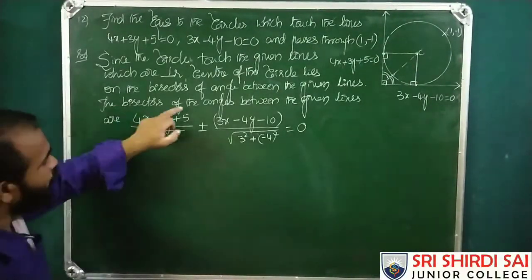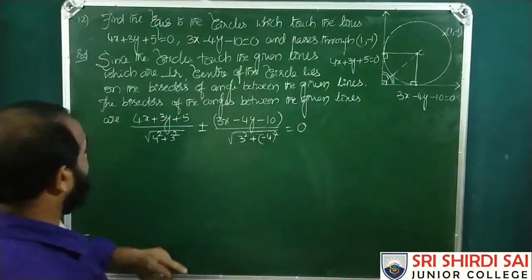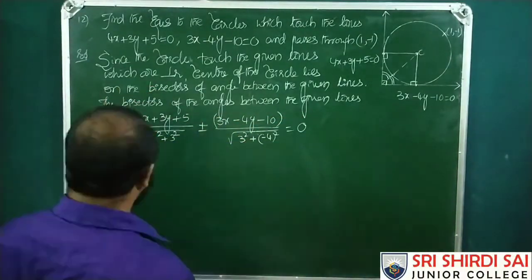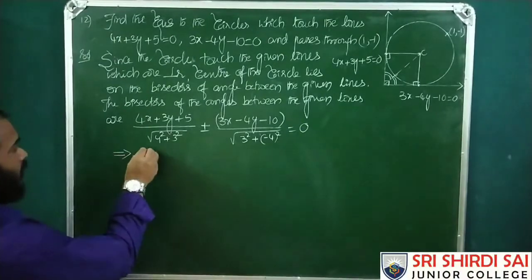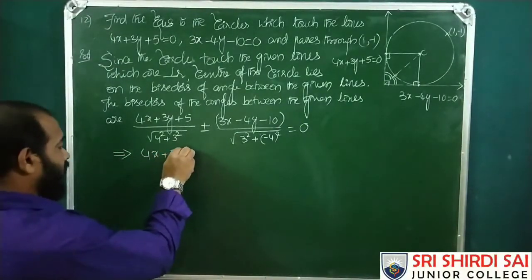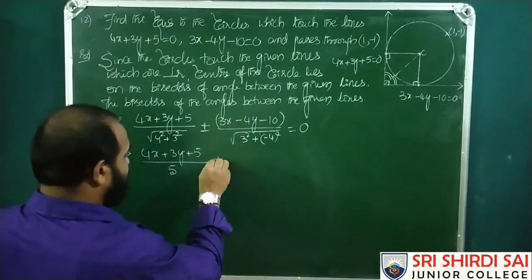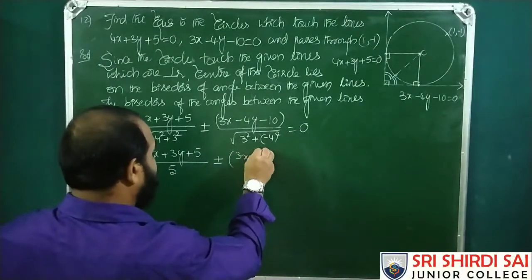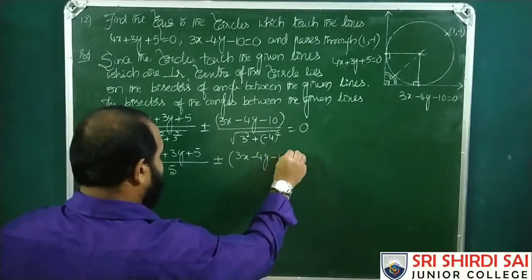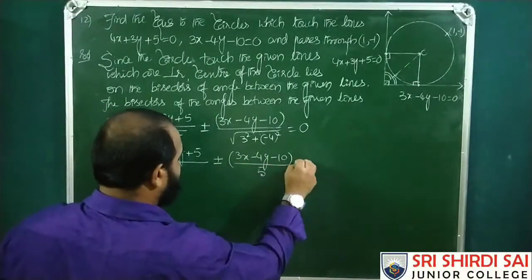So the bisectors of the angle between the given lines, as we have discussed earlier, is (4x plus 3y plus 5) by 5 plus or minus (3x minus 4y minus 10) by 5 equals 0.